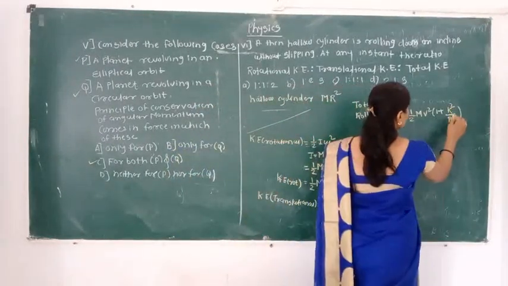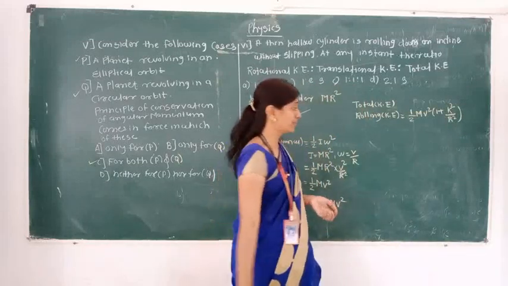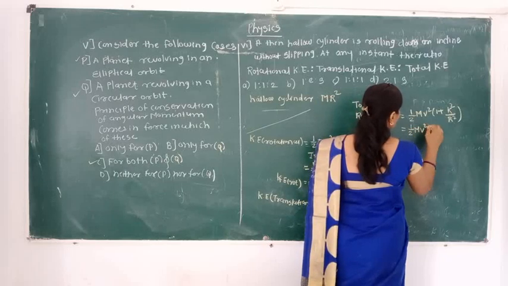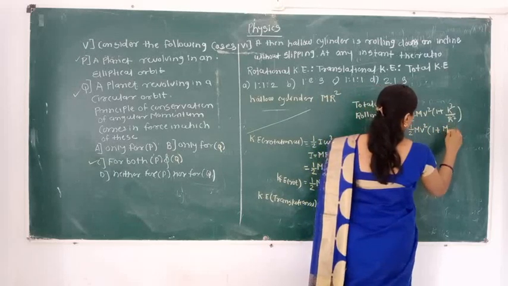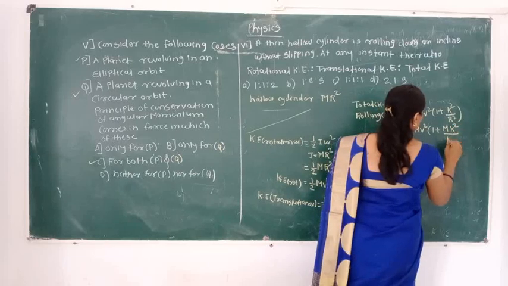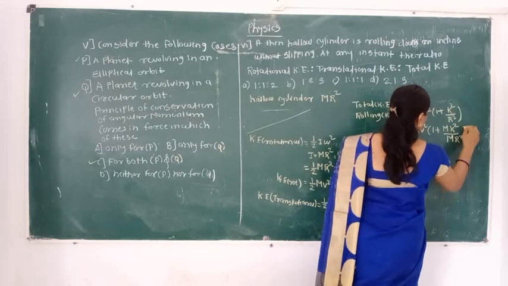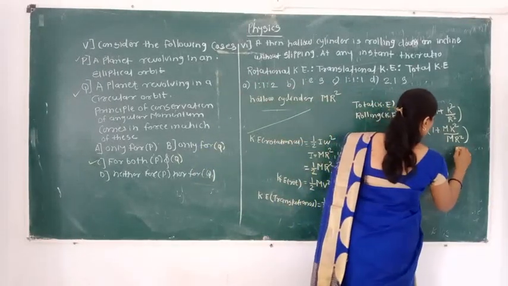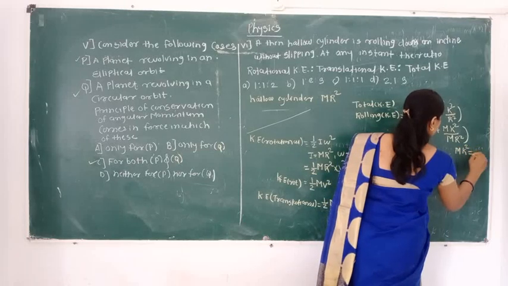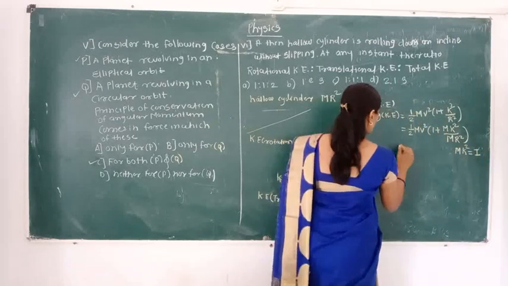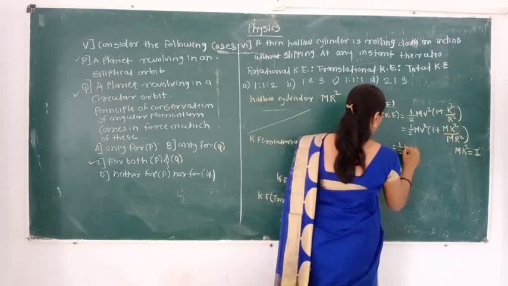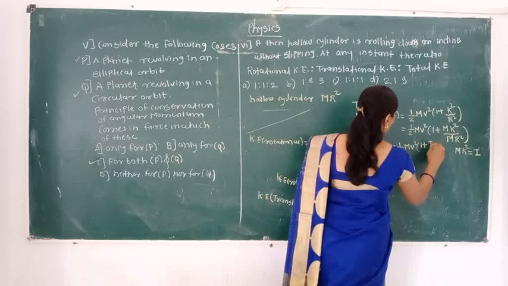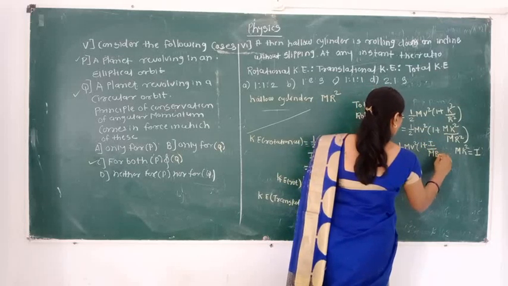If numerator and denominator are both multiplied by m, we get 1/2 m v square in bracket 1 plus m k square divided by m r square. Here the radius of gyration is taken. We know m k square is equal to I, the moment of inertia. So we get 1/2 m v square in bracket 1 plus I divided by m r square.